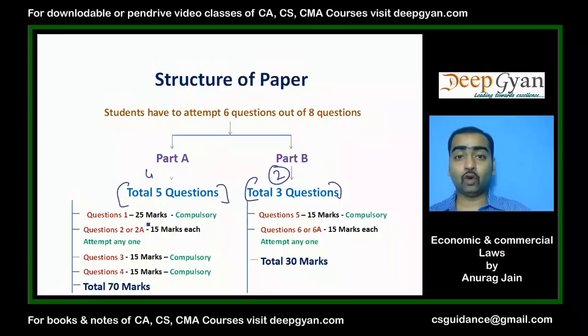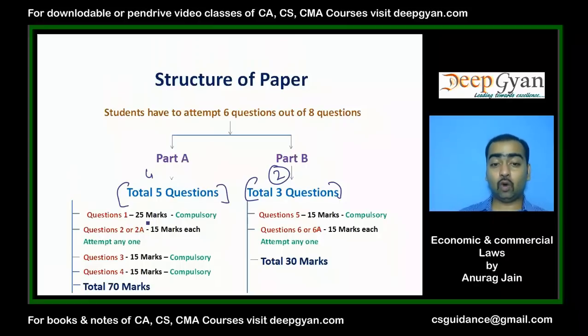Basically, question 1 of part A is compulsory, and it will be of 25 marks. Out of question 2 or 2A, students will have to attempt any one question, either question 2 or question number 2A. Both questions will be of 15 marks, right? So here students will have an option.